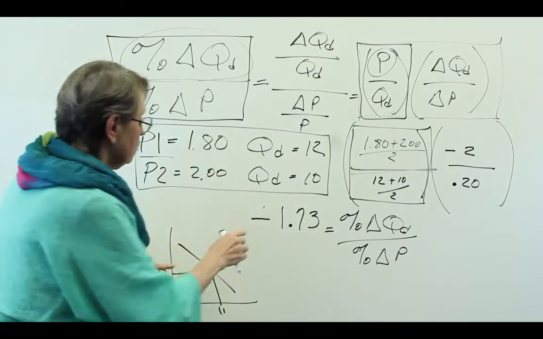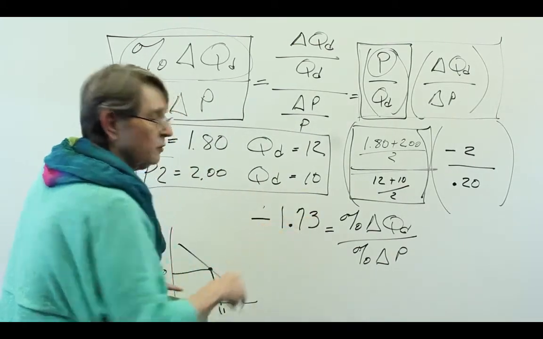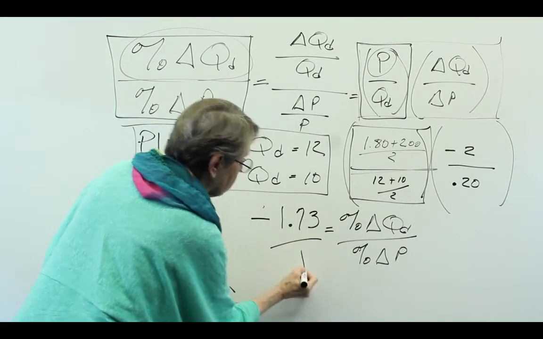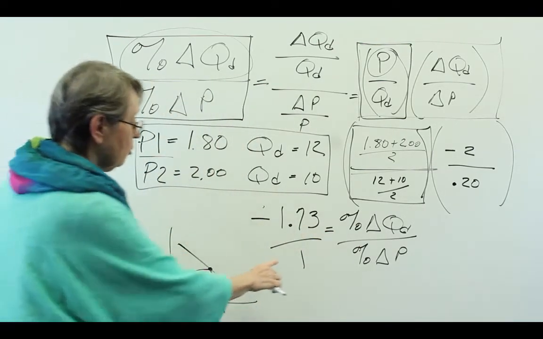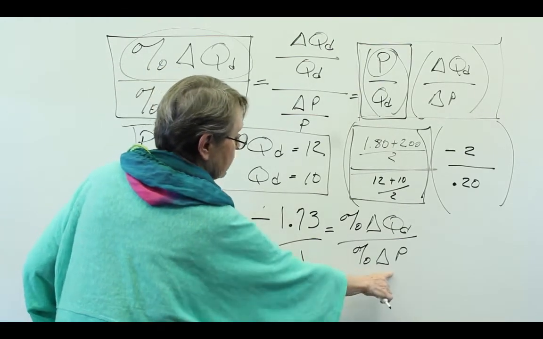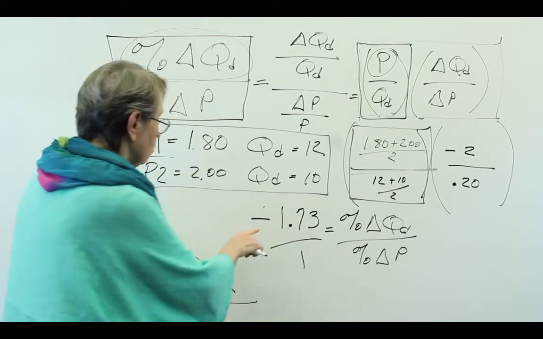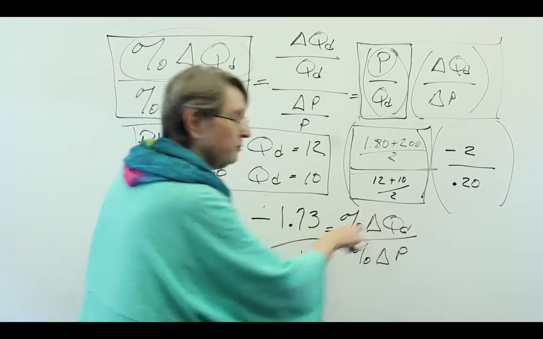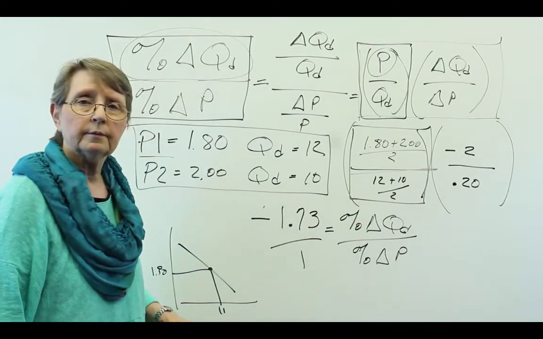Okay, so minus 1.73 is exactly the same thing as minus 1.73 over 1, right? So what we're saying is a 1% change in price will lead to a minus 1.73% change in quantity demanded.